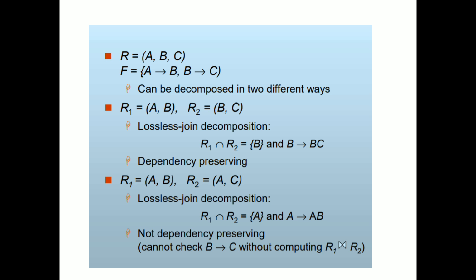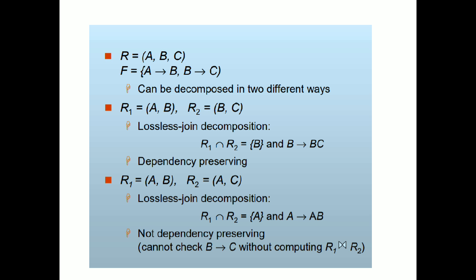So if we want to make it a lossless join decomposition, R1 intersection R2 is equal to simply B, because in both the relations the B field is common.